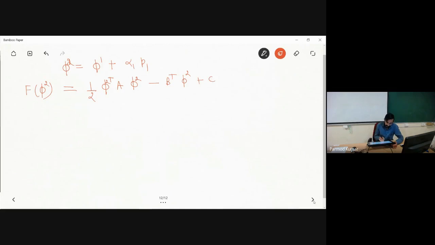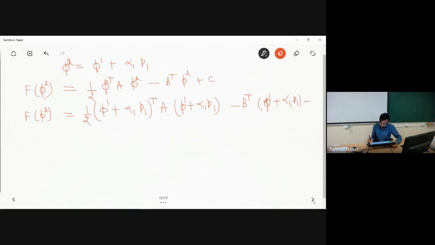If I substitute this approximation, f of phi 2 will become half of phi 1 plus alpha 1 P1 transpose into A into phi 1 plus alpha 1 P1, minus B T into phi 1 plus alpha 1 P1, plus C.